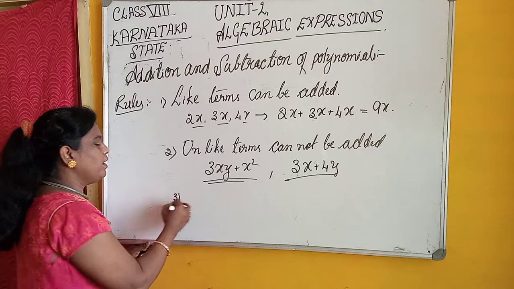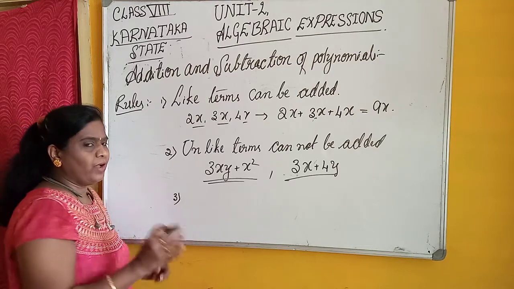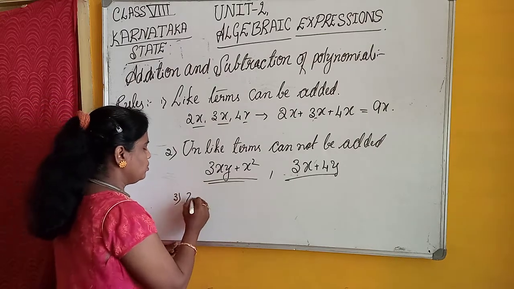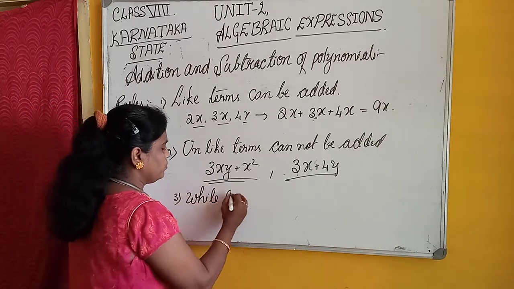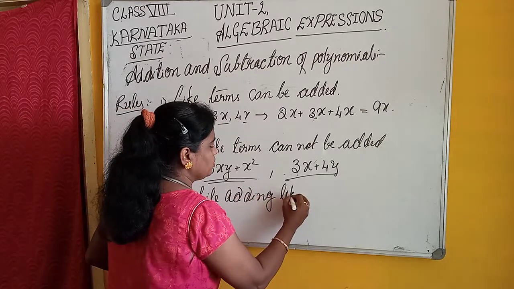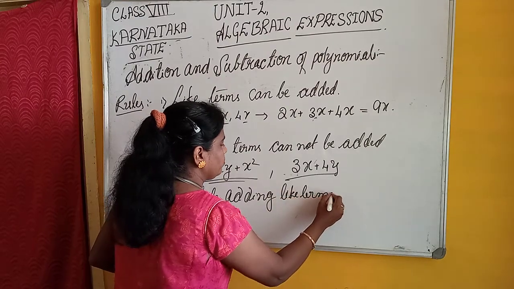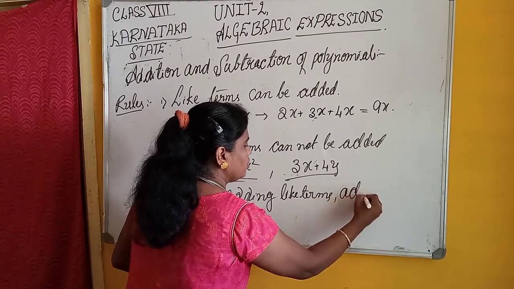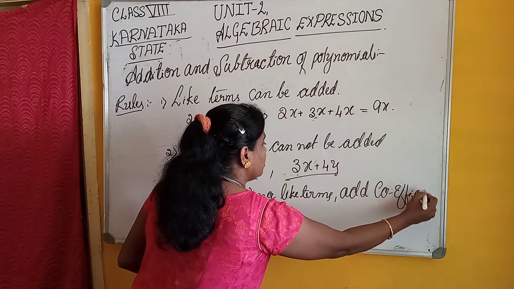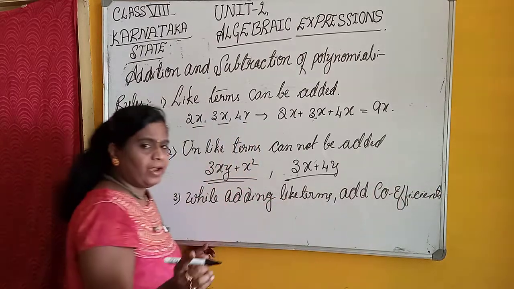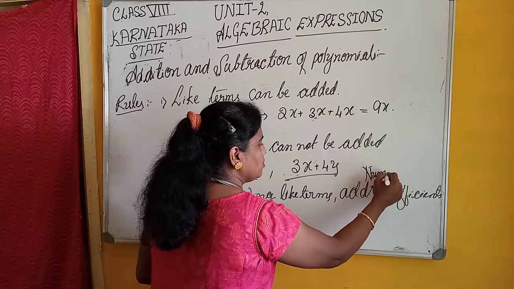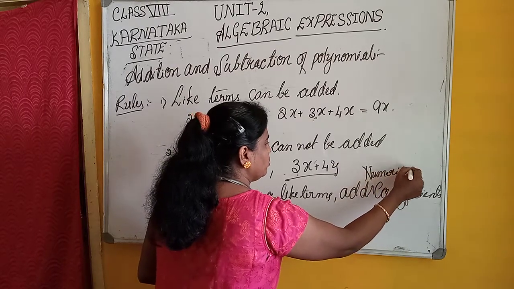And while adding like terms, we have to add the coefficients of those like terms. Numerical coefficients.